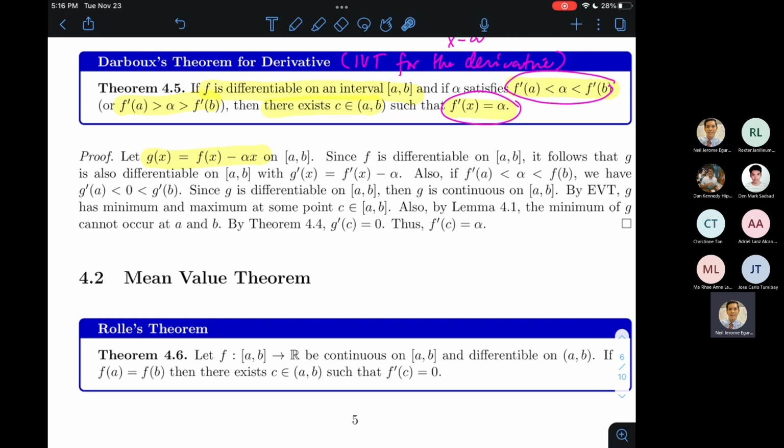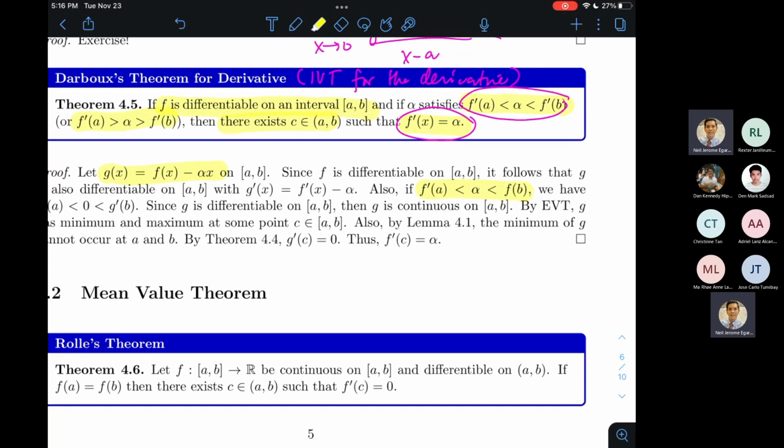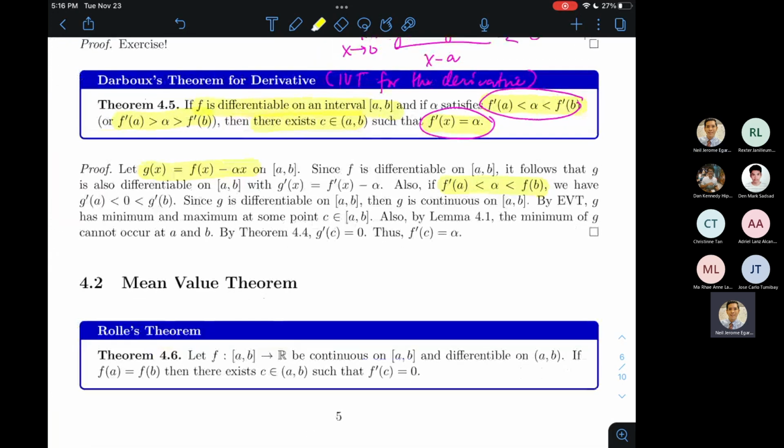Okay? Now we will assume, part of the assumptions actually, is that alpha is strictly between f prime of A and f prime of B. So we can borrow this statement from our assumption, and then I can subtract alpha from both sides.